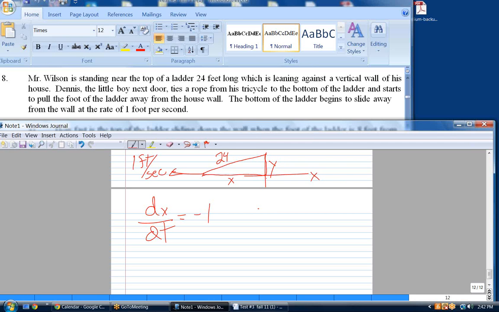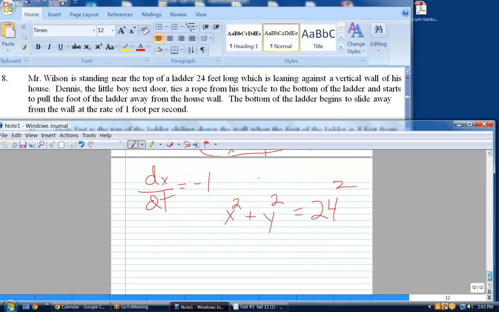Up is positive, down is negative. What is the overall function that describes this model right here? Would we just be using the Pythagorean? Yes. So that's x squared plus y squared equals 24 squared.